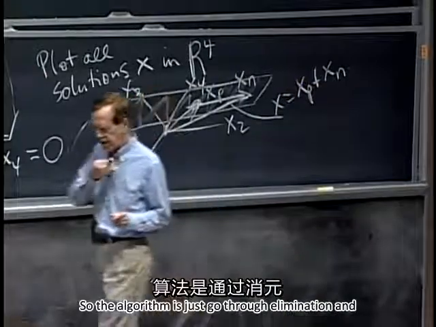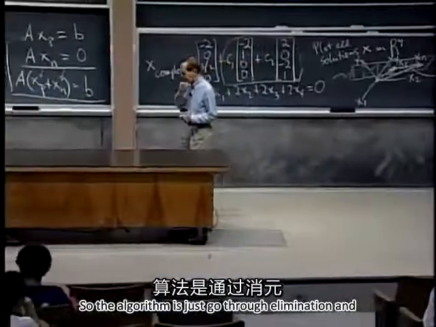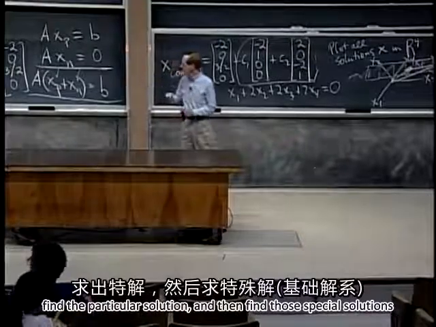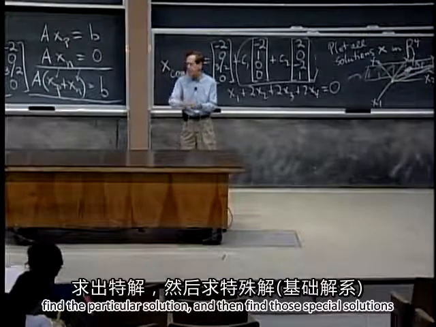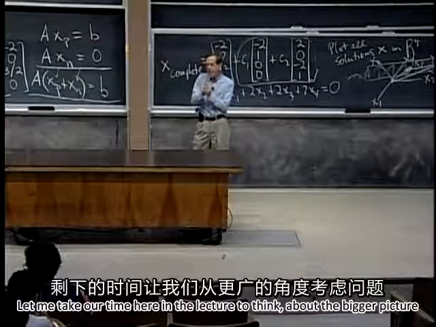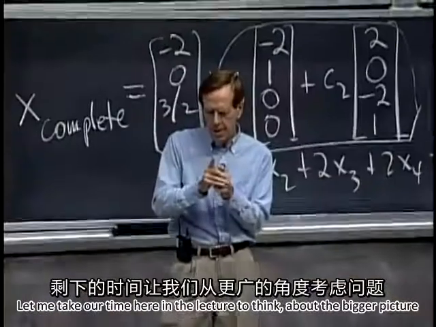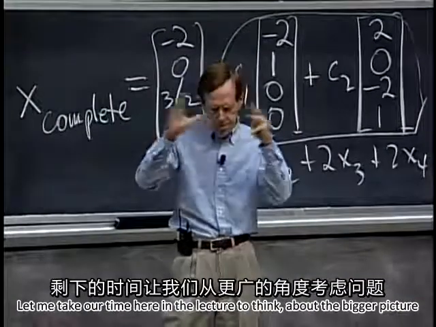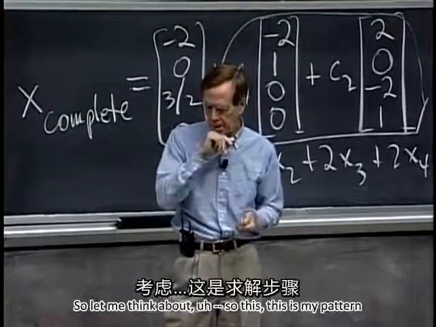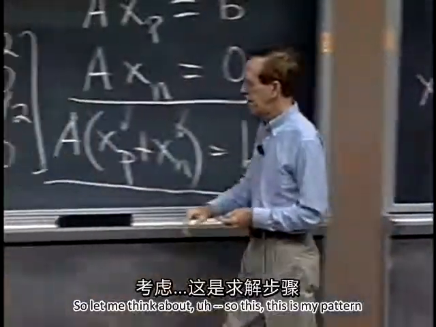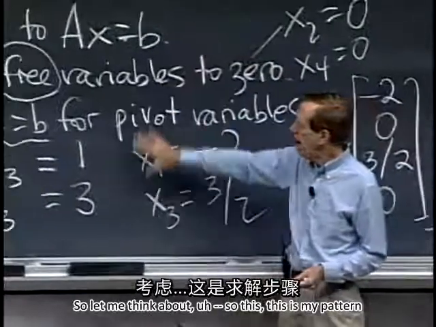So the algorithm is just go through elimination and find the particular solution, and then find those special solutions. You can do that. Let me take our time here in the lecture to think about the bigger picture. So this is my pattern.